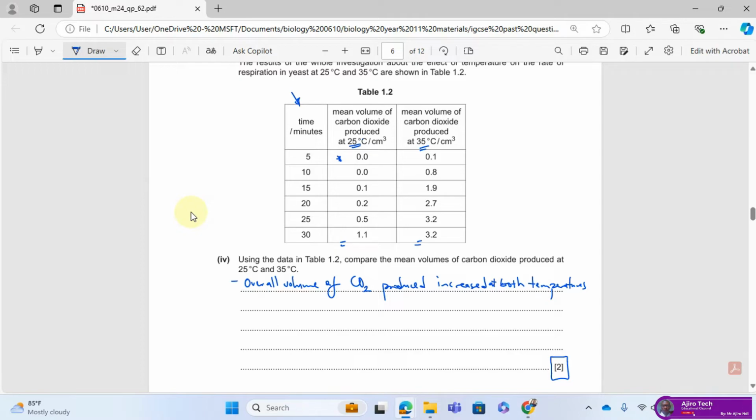That's 1 point. Then we see that on the overall at 35 degrees, the volume of CO2 produced was higher on the overall for 35 degrees.